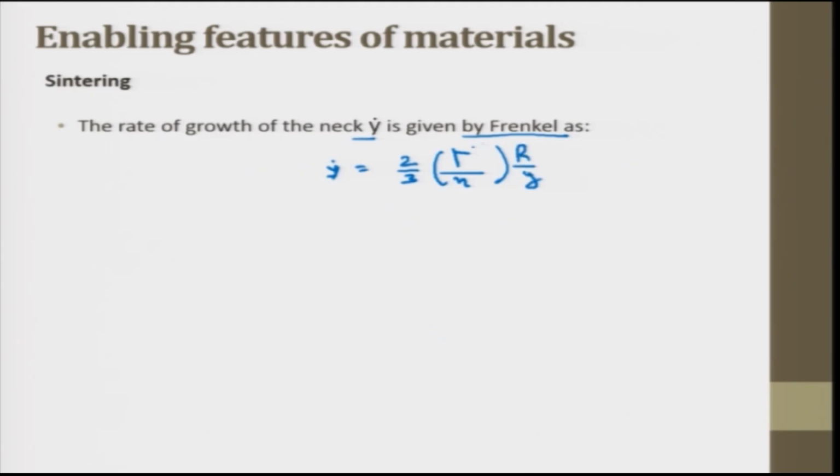This capital gamma is proportional to surface tension, and eta, as we have discussed in this lecture, is viscosity. R and y are the dimensions. R is the radius of the particle, and y is the neck radius.